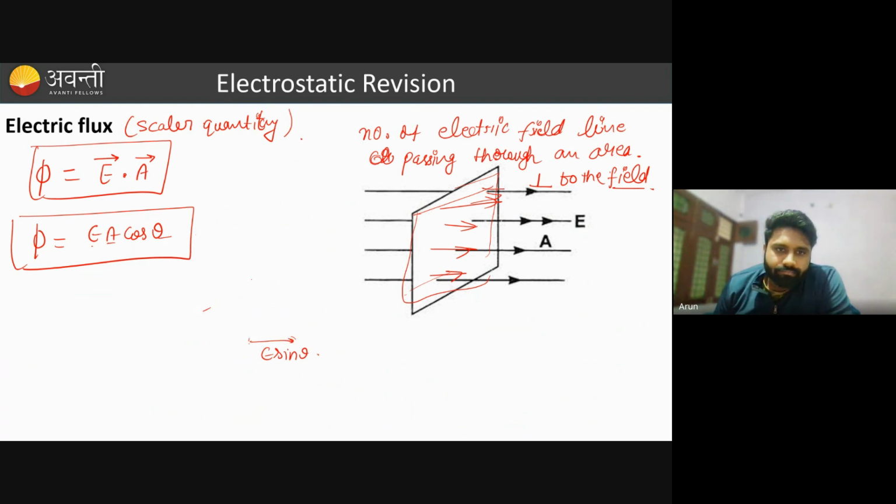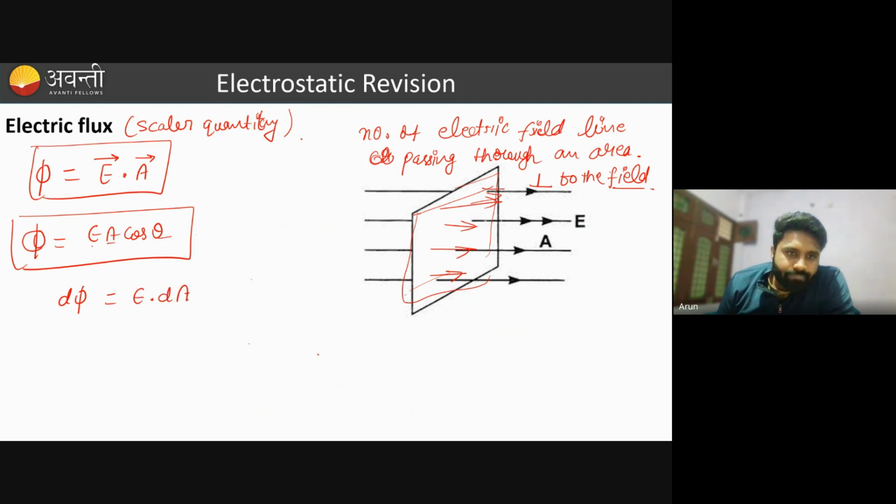Now, if the area is not continuous or uniform, or the electric field lines are not uniform and are varying in nature, you need to calculate the small flux passing through that, which is given by E dot dA.